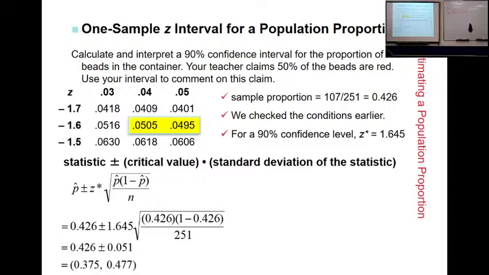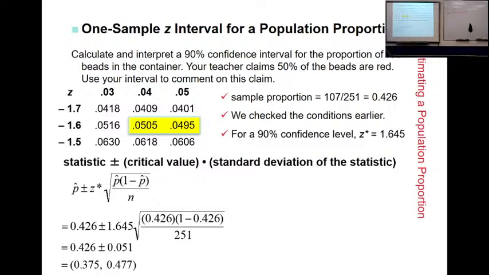Ready? We're mostly ready. All right. Confidence interval, the interpretation, always starts with, we are 90% confident that the actual parameter, which was what? It was the proportion of the beads that were red out of all of them.